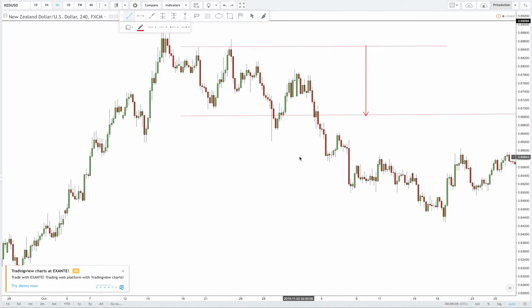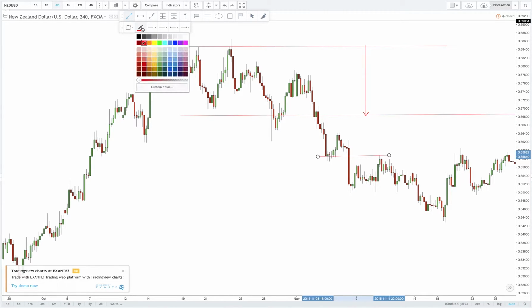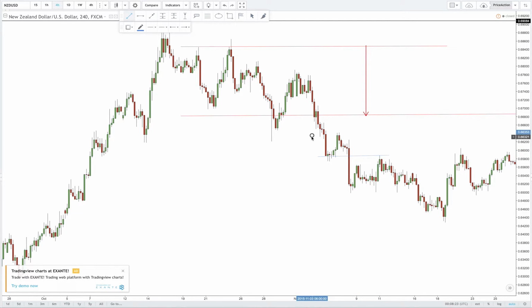So we know this is the point for us to be aware of. I'm going to change this color to blue so that we all know what we are doing here. This is the line where the top of the trend was. Now the breach has happened here.